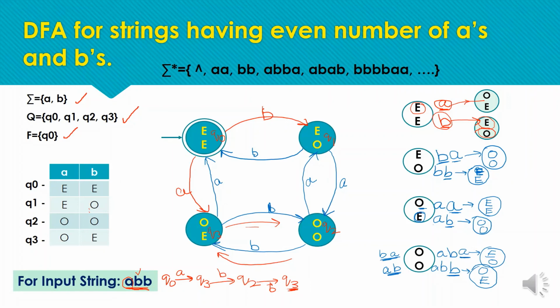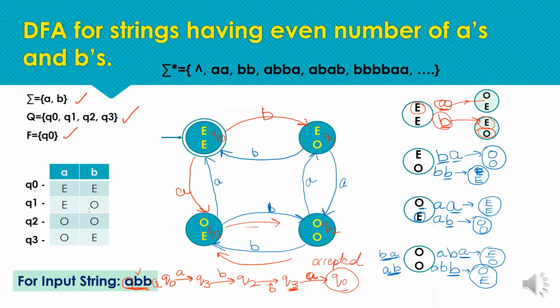So if we have one more A as the last symbol of the string, then the string fulfills our requirement, and we move from Q3 to Q0 for the last symbol A. And as Q0 is the initial and final state, the string is accepted by the DFA.